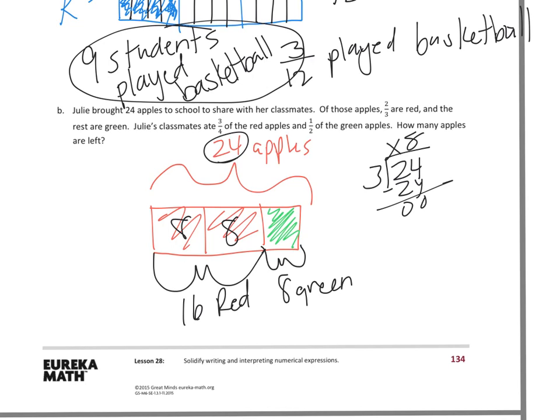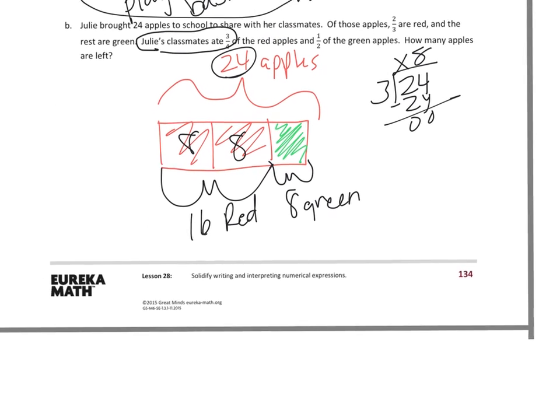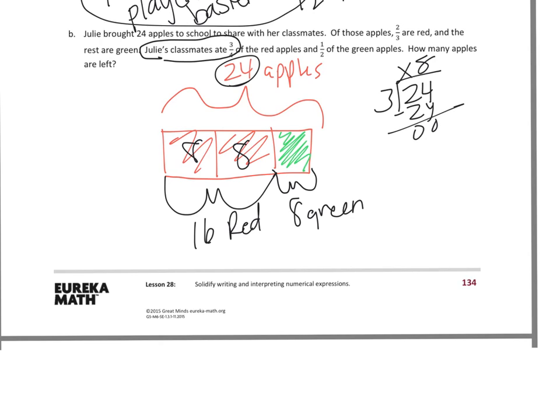And that's going to help me out because it says Julie's classmates ate 3/4 of the red apples. Well, okay. So what I'm going to do now is I know that red is equal to 16, and they ate 3/4 of them.